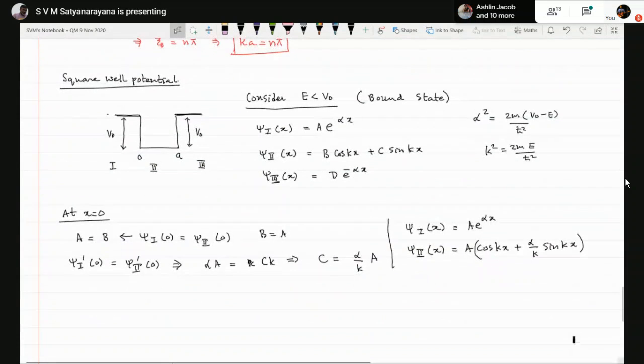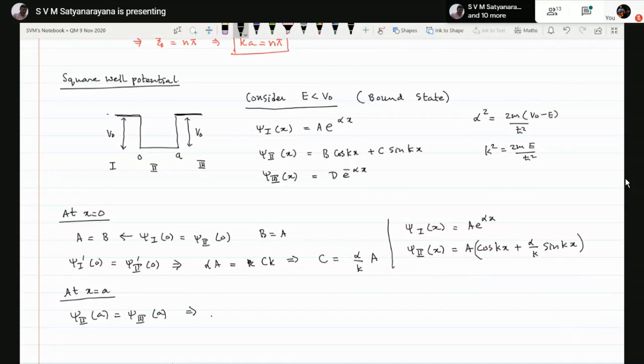Now let's look at the boundary at x equal to a. At x equal to a, you have psi 2 of a is equal to psi 3 of a. That gives you A times cos ka plus alpha by k into sin ka is equal to B into e to the minus alpha a.